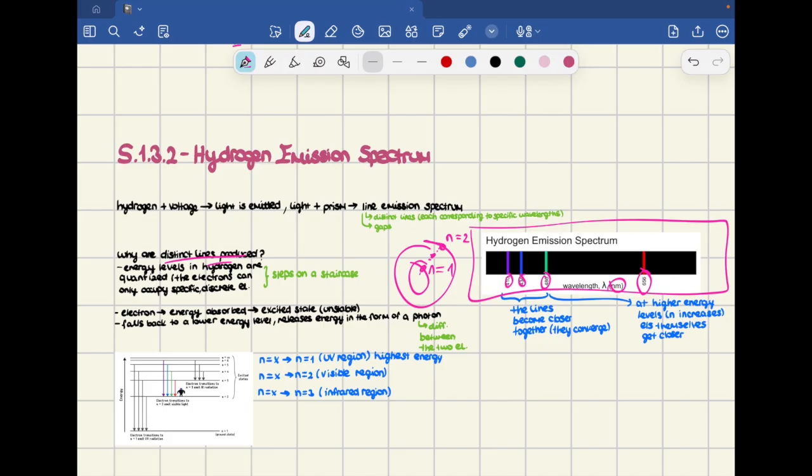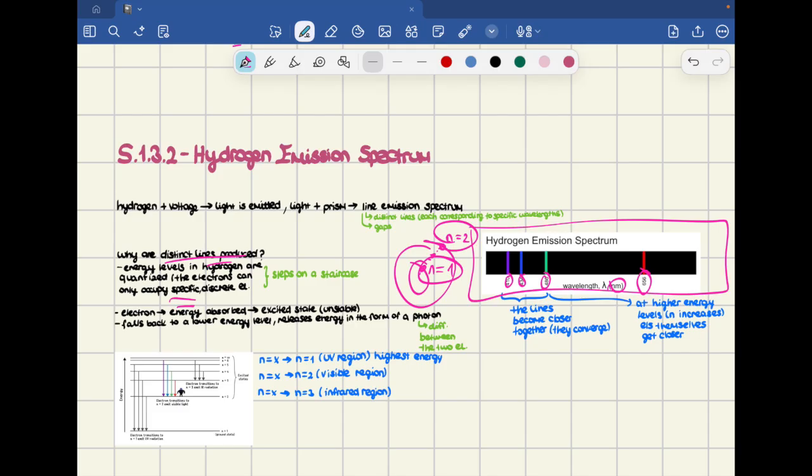So this is like a staircase. You can stand on any step, so you can stand on n equals 2, or you can stand on n equals 1, but you can't stand between them, right? This is the whole logic of this thing. The electrons can only occupy specific energy levels, like steps on a staircase.